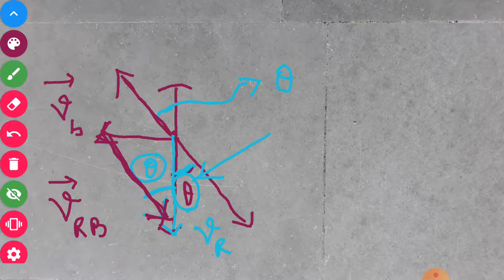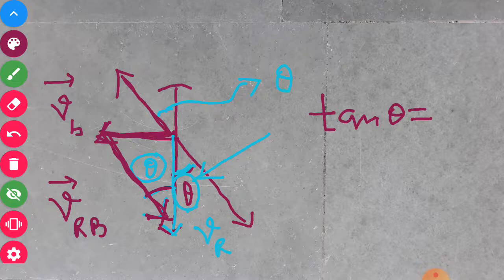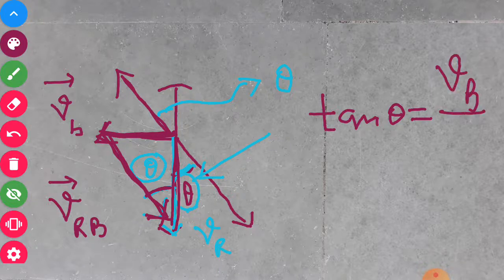And if I want to find out this particular angle, then I can easily find it by taking tan theta. See, tan theta is nothing but opposite upon adjacent. Opposite is VB, so VB upon VR.